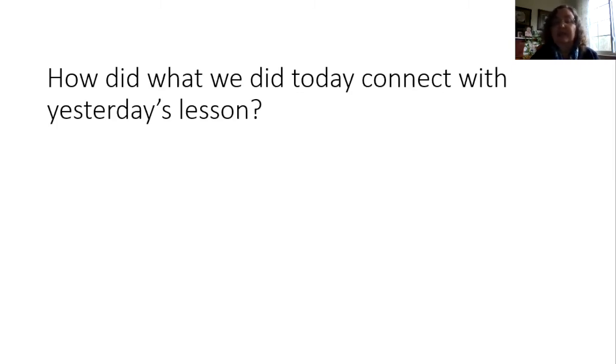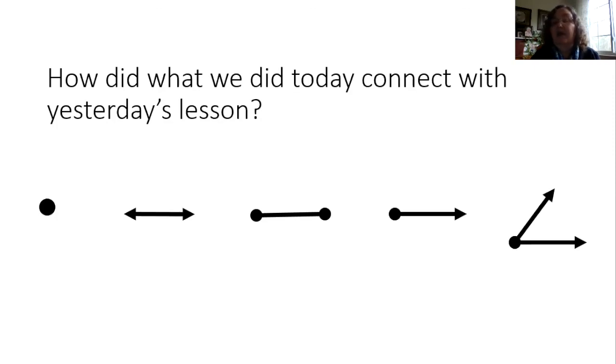And finally, we looked at how they are in our lives. You're going to find these things every day. The most famous people who use these things are architects, people who build houses and buildings.